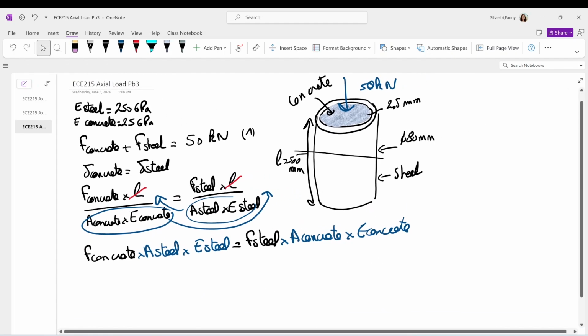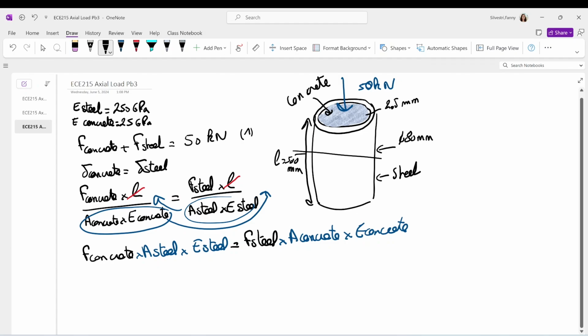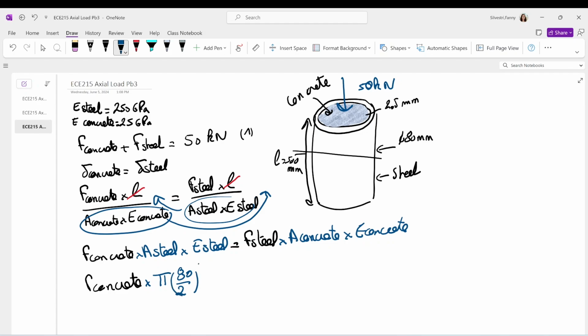So let's find all this information; in black, that's our unknown. The area of the steel will be pi times the diameter 80 divided by 2, squared, minus the inside, pi times 75 divided by 2, squared, times the E of the steel, 250 times 10 to the 6, because it's gigapascal.